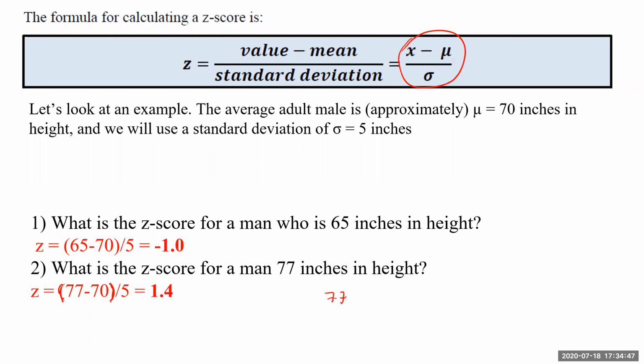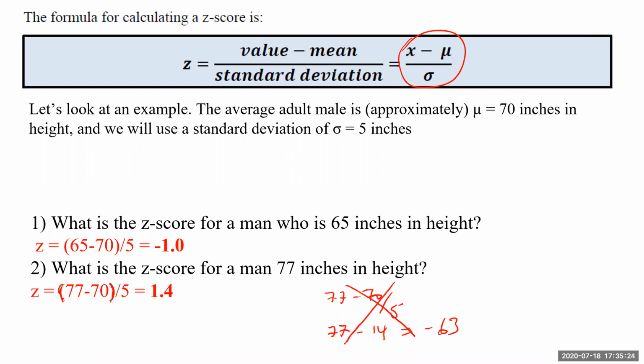Because if you do 77 minus 70 and then just divide by 5, it will only divide the 70 by 5, and you get a different answer. 70 divided by 5 will give you 14, and 77 minus 14 will give you 63, which is not correct.